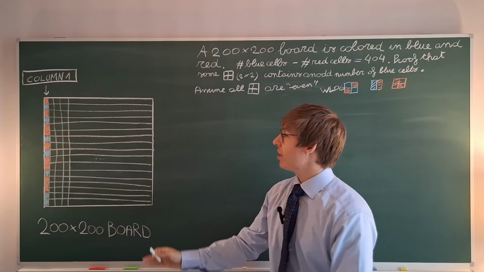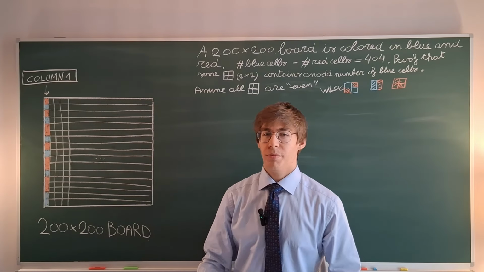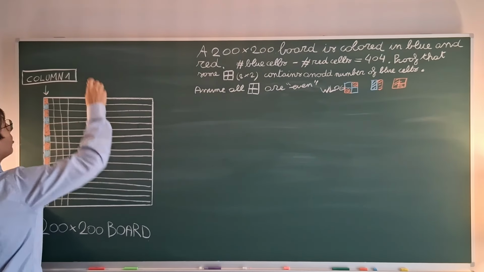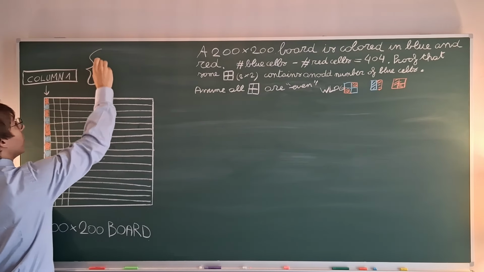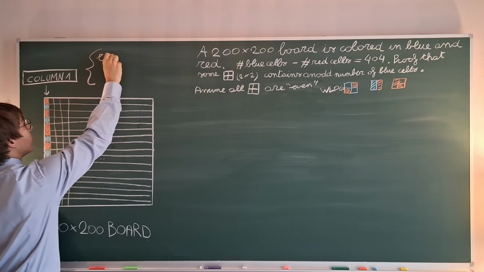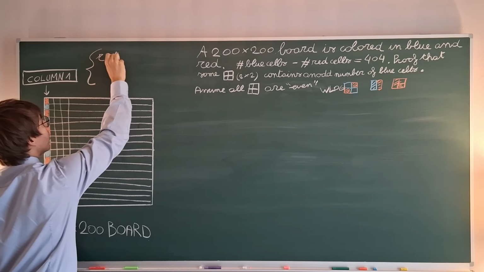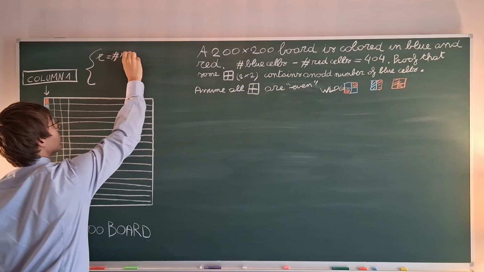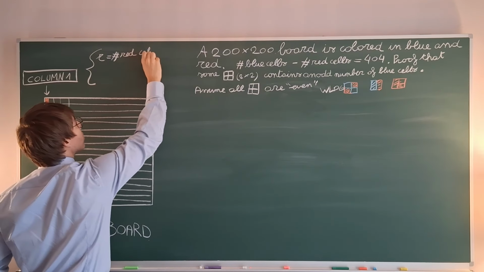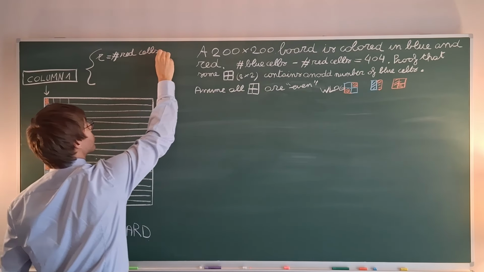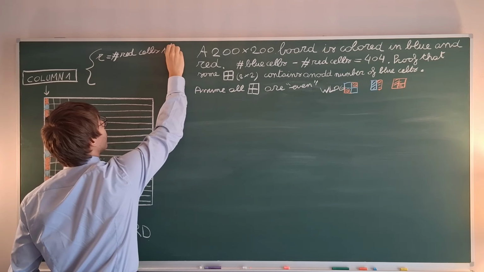So let's now look specifically at the first column. And I will call R equal to the number of red cells in the first column.